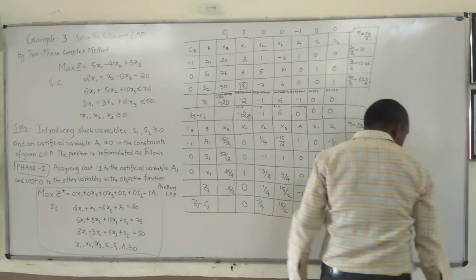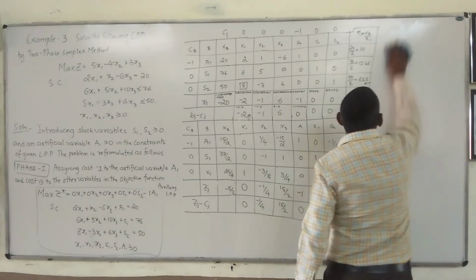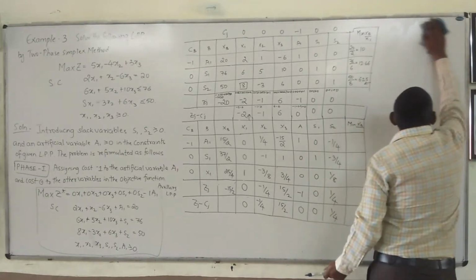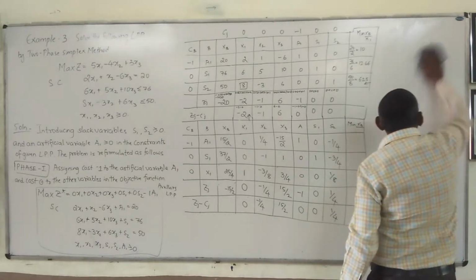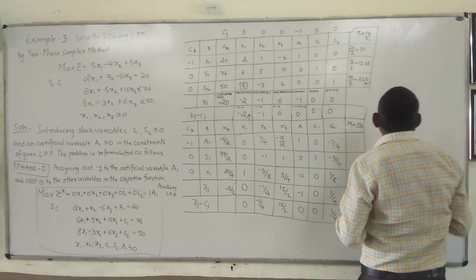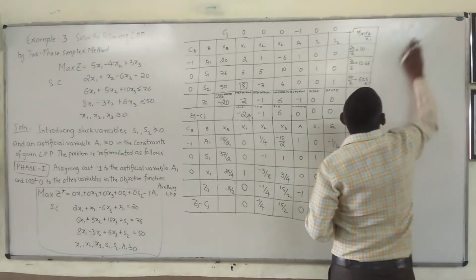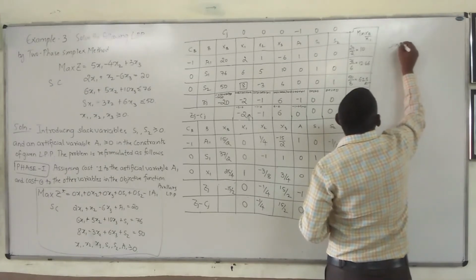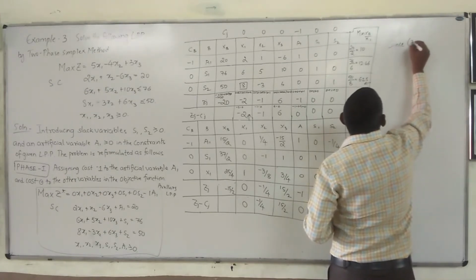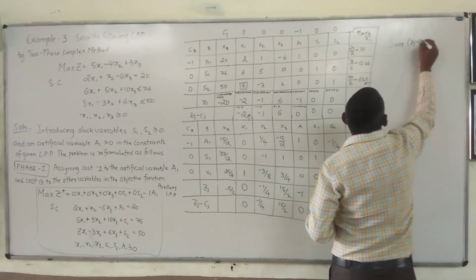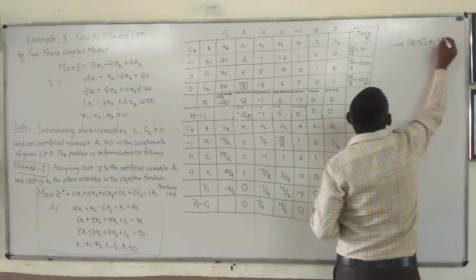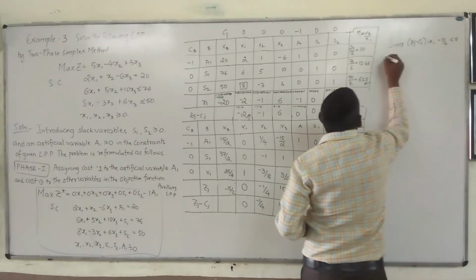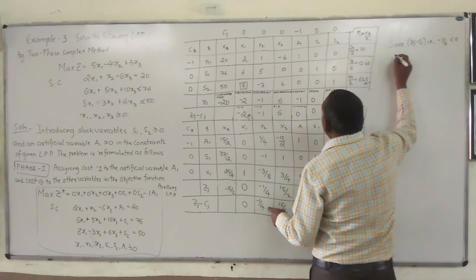To find the key column, we choose the most negative among the ZJ minus CJ. Fine. So since ZJ minus CJ, that is minus 1 by 4, is less than 0, therefore what happens?